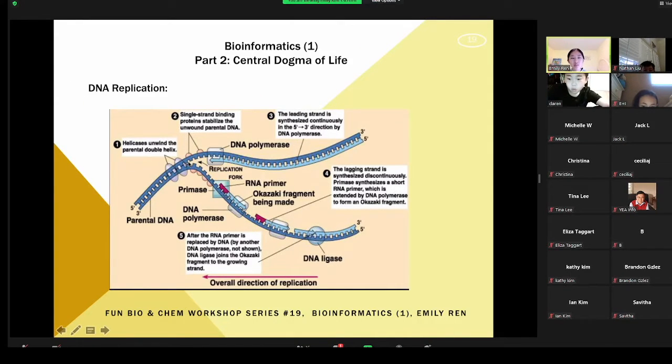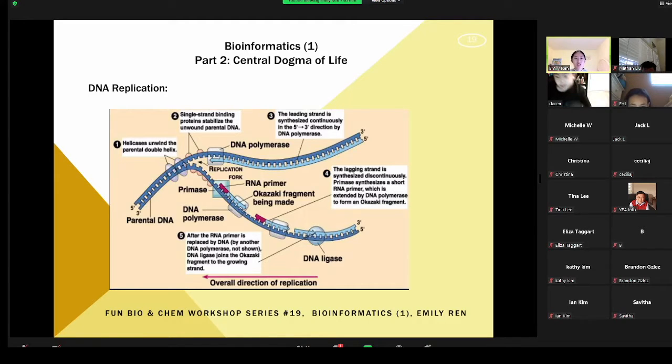The next step is single-strand binding proteins stabilize the unwound parental DNA. Then the leading strand is synthesized continuously in the 5' to 3' direction by an enzyme called DNA polymerase. There's another strand that's also being synthesized at the same time. That's called the lagging strand, and this strand is synthesized discontinuously.